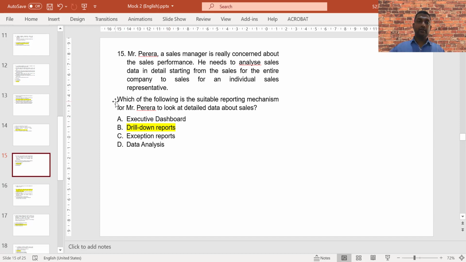It says, which of the following is the suitable reporting mechanism for Mr. Pereira to look at detailed data about sales? So he needs to analyze sales data starting from the entire company at a higher level and down to sales of an individual sales representative.